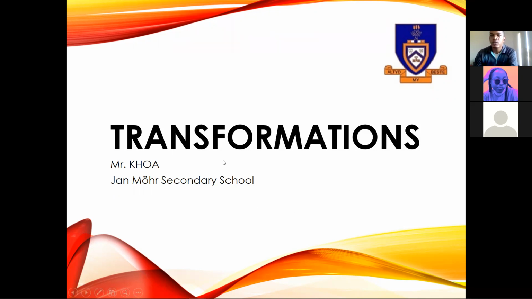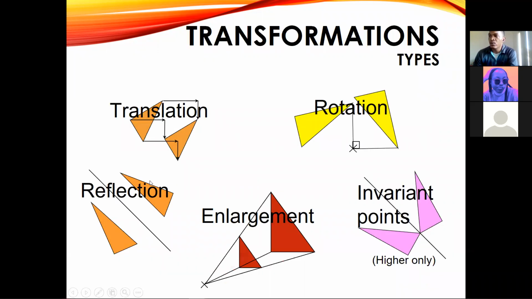All right, let's proceed. Over here, we have transformations that we will be looking at. Under the transformations, we will be focusing on the following ones. We will be focusing on translation. That will be number one. I don't know how the order goes, but we have rotation, reflection, enlargement, and invariant points.